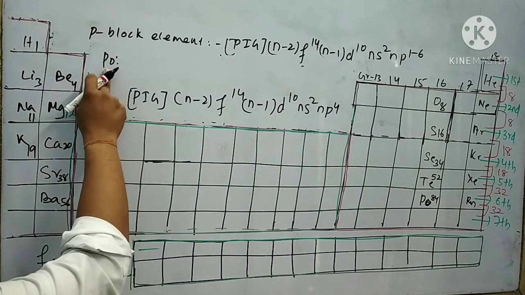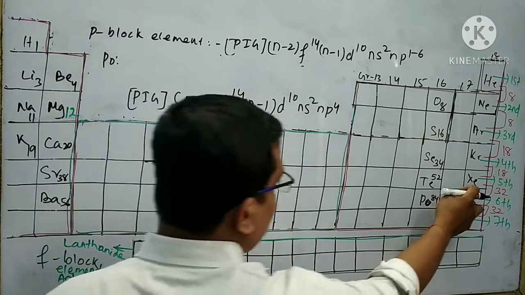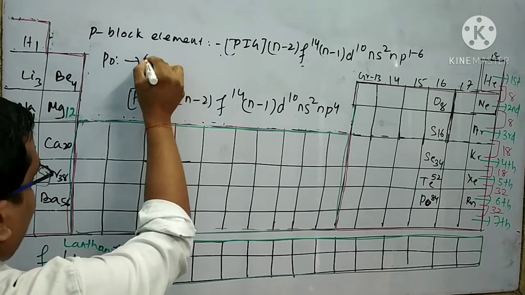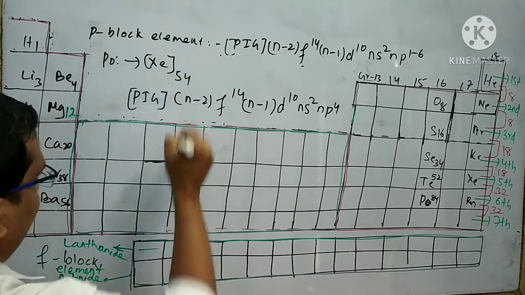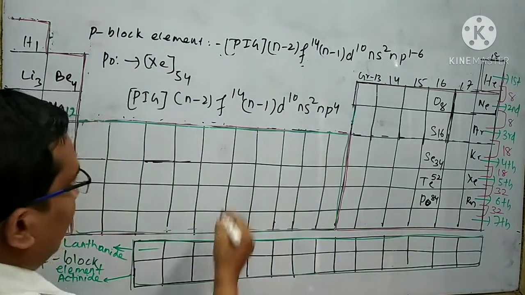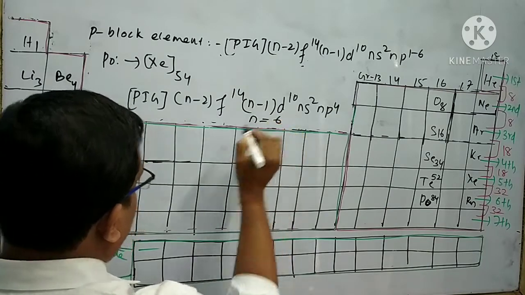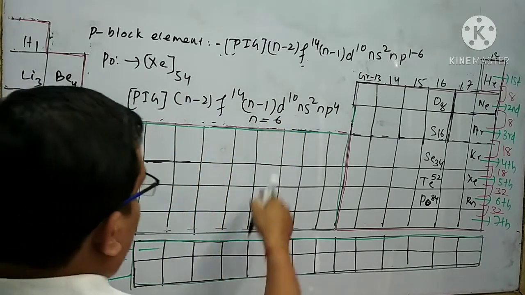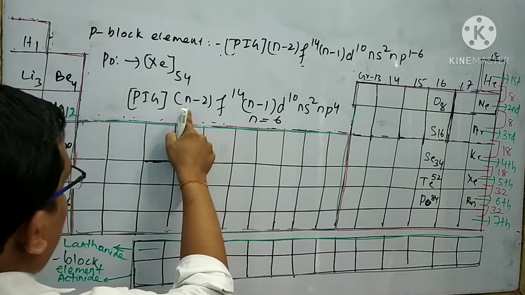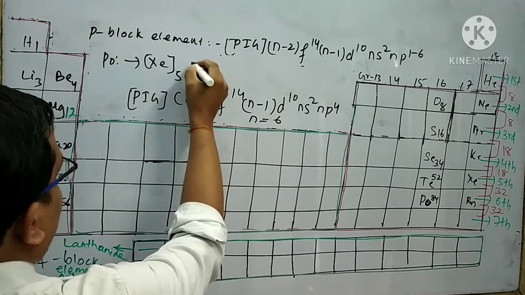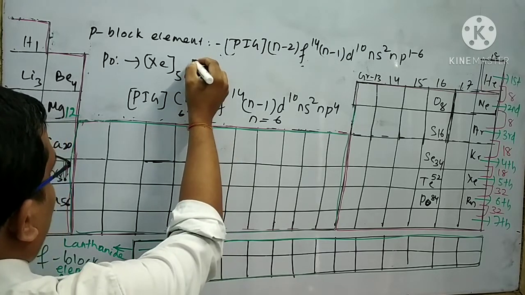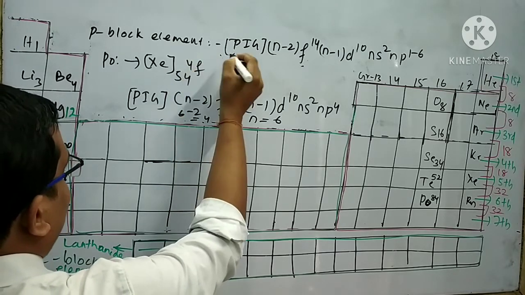The previous inert gas of polonium is xenon, so at first it is bound to write xenon 54. Polonium belongs to the sixth period. Here n is equal to 6. Now put the value of n here. So it is bound to write 6 minus 2, that is 4. So here I can write 4f14.